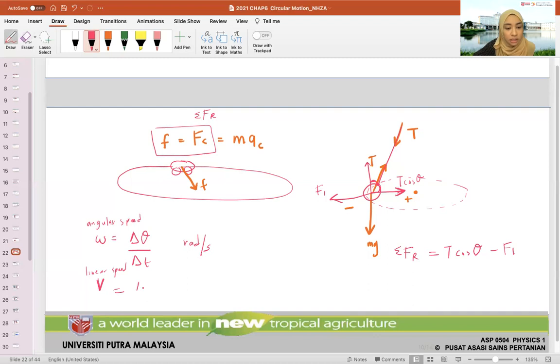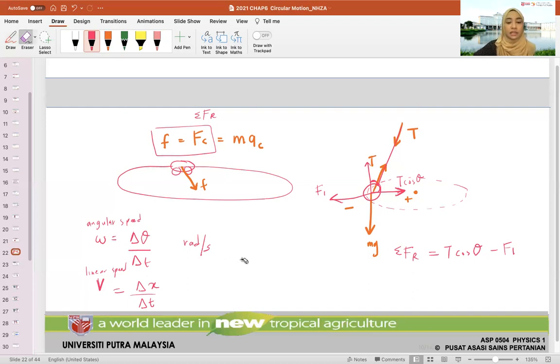This guy is change in displacement over the change in time. It is finding out the displacement or the distance that it can cover over time. This one, how many rotations it can cover in some time. So these are the difference, and they can be connected. They have a relationship.